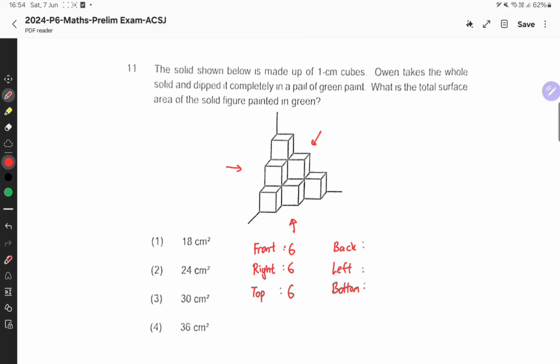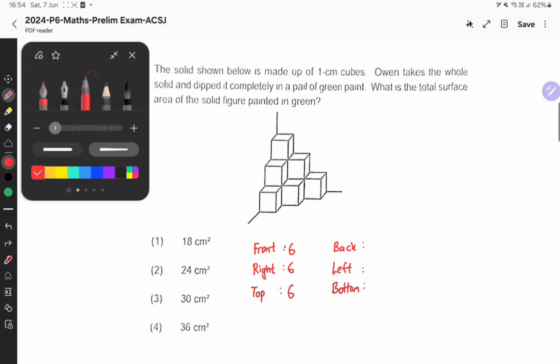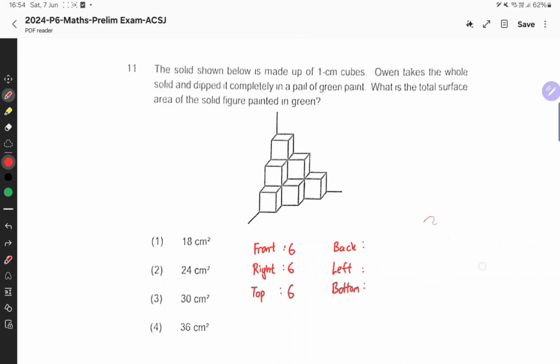What you can see from the front will be the same as what you can see from the back. So here we have 6 sides. The left side will also have 6, and the top and bottom will also have 6.